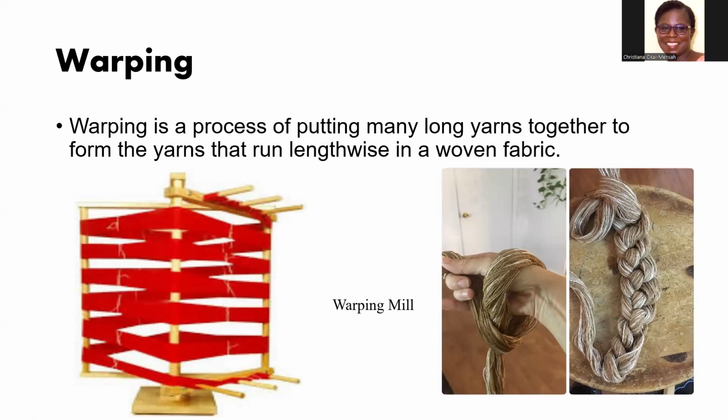Warping is a process of putting many long yarns together to form the yarns that run lengthwise in the woven fabric. Just like we started with the frame, before we do anything, we start with putting the yarns on the nails. Now you know the number of yarns that you're going to use.